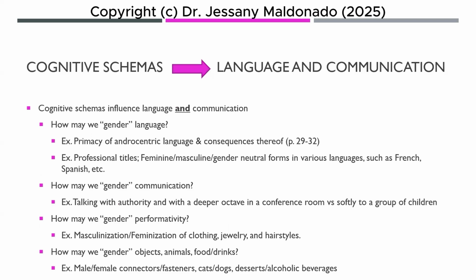We do it in various ways. We do it through using androcentric, or male-centered, language, and also through professional titles, and feminine, masculine, and gender neutral forms in various languages such as French and Spanish. Those are the ways in which we gender language.